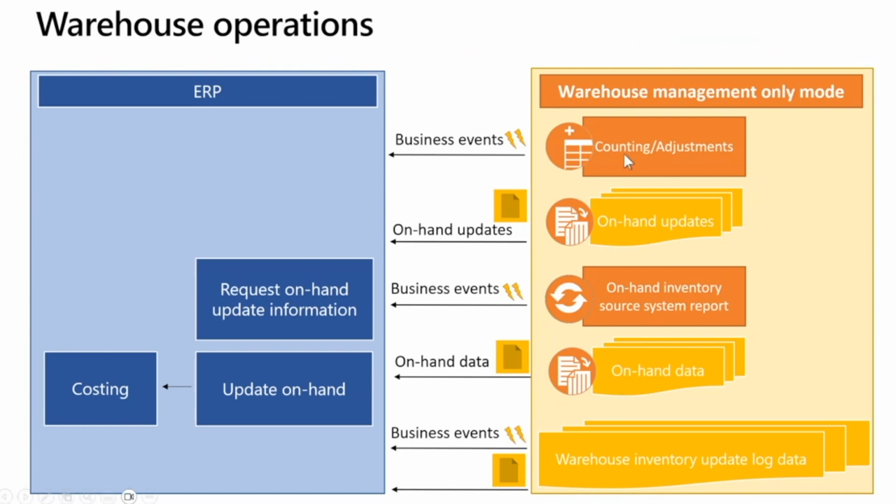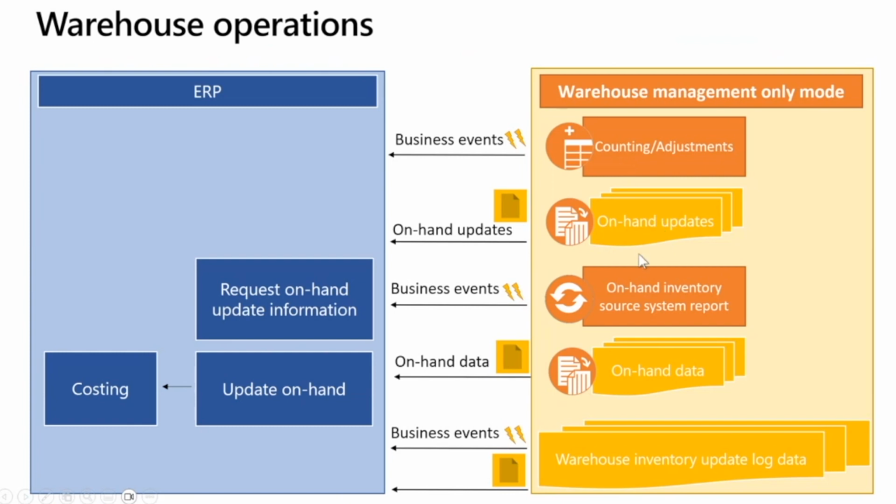Whenever you do an update regarding adjustments, whether it's an outbound adjustment, inbound adjustment, or accounting process, that runs via the inventory accounting journal. This will create a business event, and it will be possible for you to read the data directly via an entity as well. So the external system can be informed about updates via the accounting journal process.